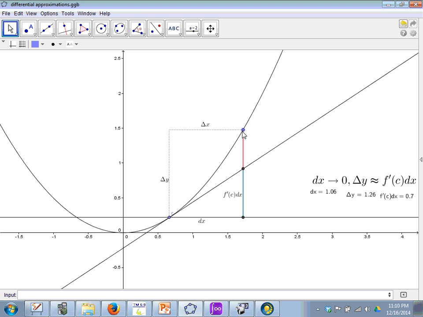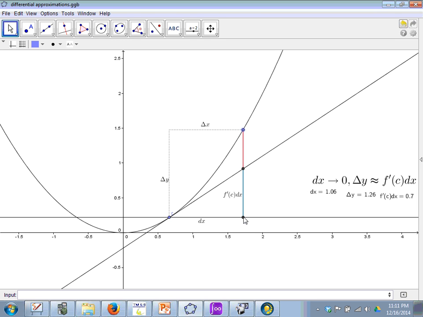Okay? But we've seen that could be approximated. This distance here can be approximated by this distance right here, this one in blue or purple, whatever that is, if delta x is relatively small. And remember, this is dy. So this dy plus this distance here, which is the same as this distance over here, that's dx. But that's f of x.